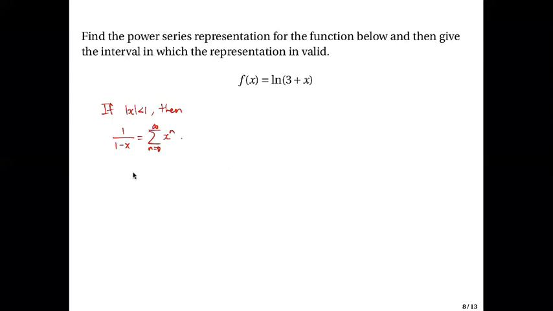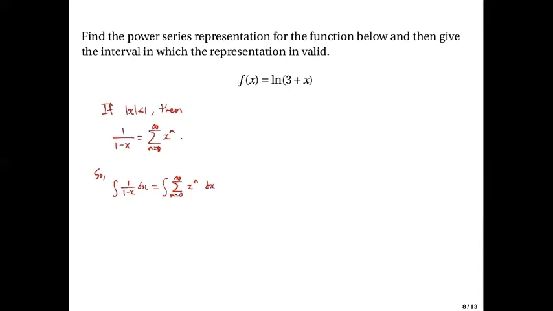So what we're going to do is to integrate this. If we integrate 1 over 1 minus x dx, we need to integrate also the integral of the series x to the n from 0 to plus infinity dx.